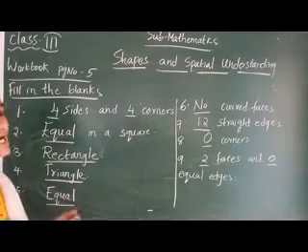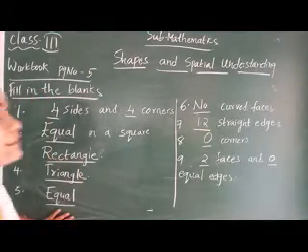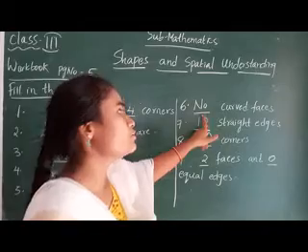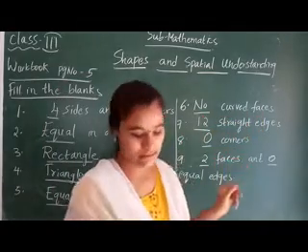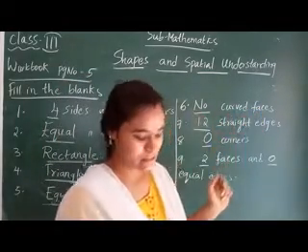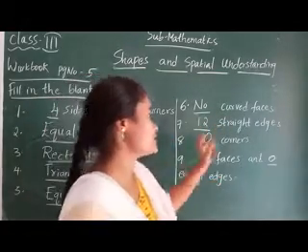Fifth one, the diagonals of a square are equal. Sixth one, a cuboid has no curved faces.